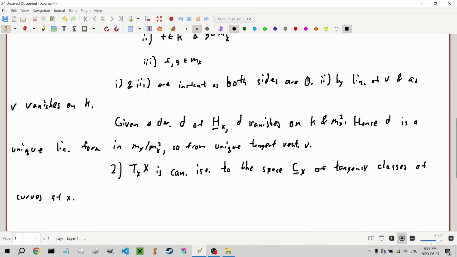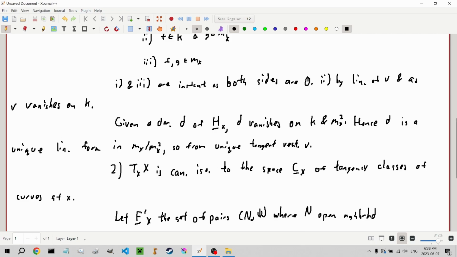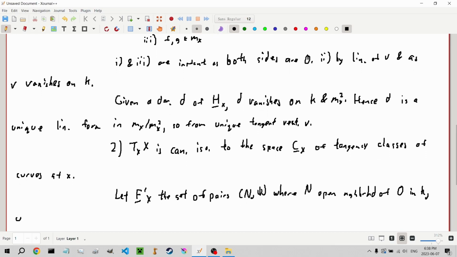Now we're going to first off let F prime of x be the set of pairs n and c, where n is an open neighborhood of 0 in k, and c from n to X is such that c of 0 is x.